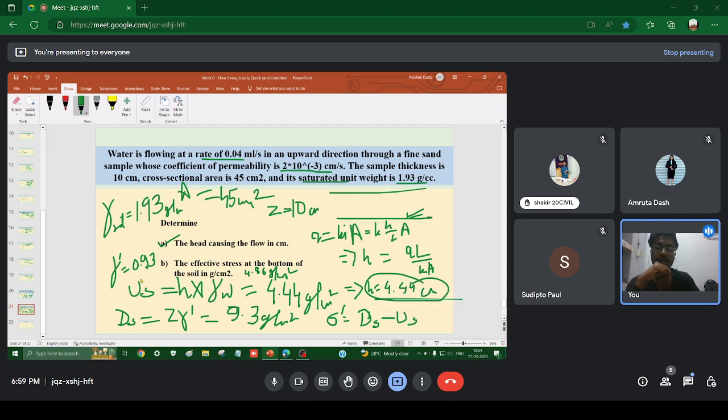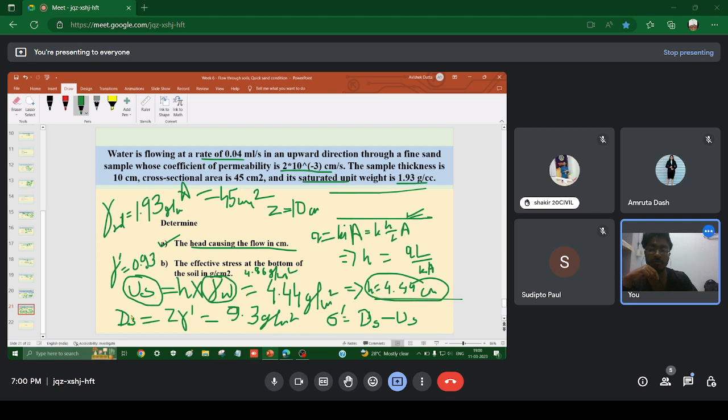Hence, we have to take gamma submerged over here, because only the grain to grain transfer of load will take part in the effective stress. Along with this, the upward force, that is the H into gamma W. What is H? The head causing the flow in water, that is 4.44, and gamma W is 1 gram per cc. We get the upward force as 4.44 gram per cm square.